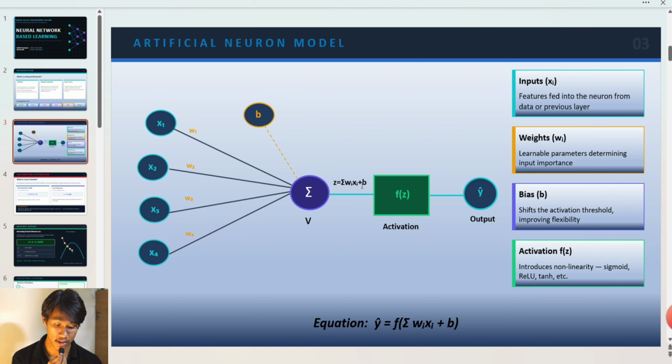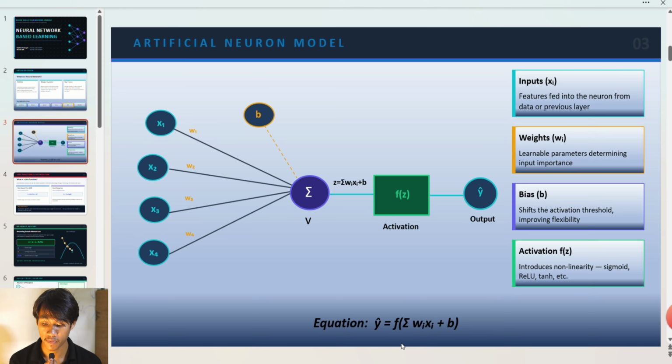The neuron multiplies each input with its weight and adds them together along with the bias and produces a value z. This value then passes through an activation function shown as f(z), which generates the final output. This is the equation where wi are weights, xi are inputs, and b is bias.